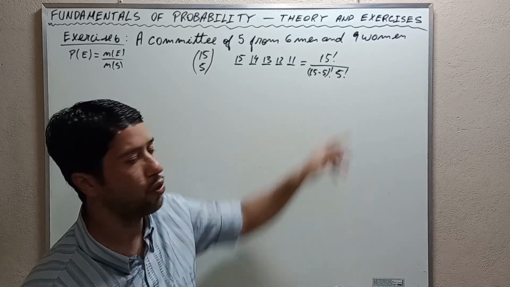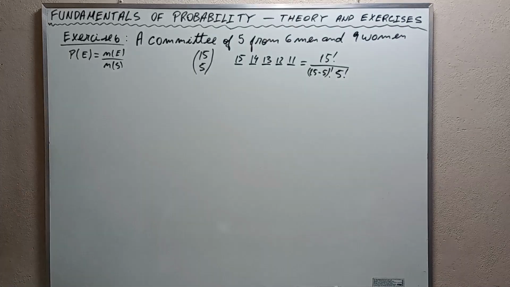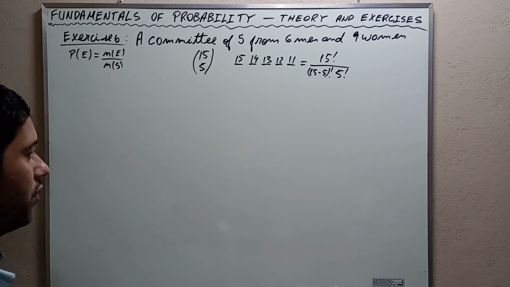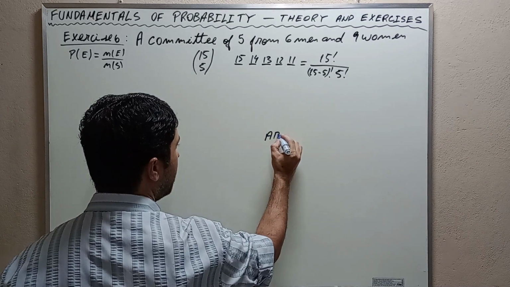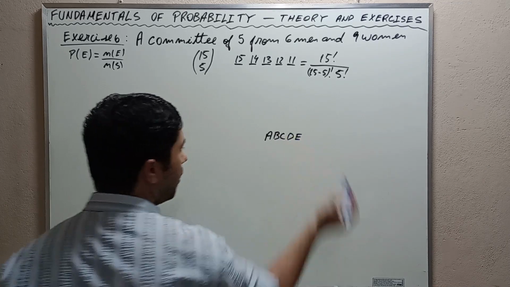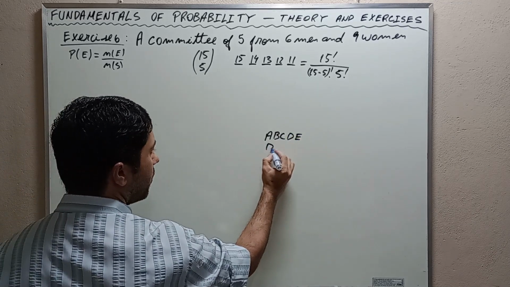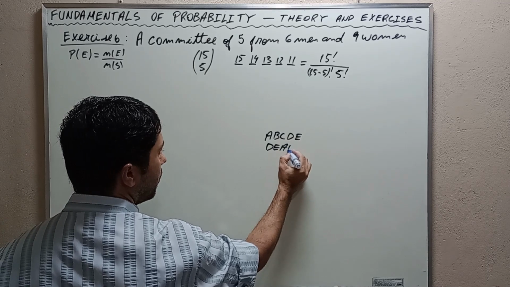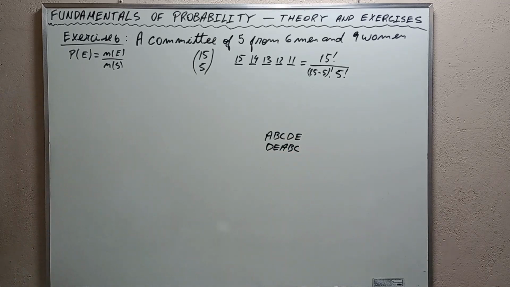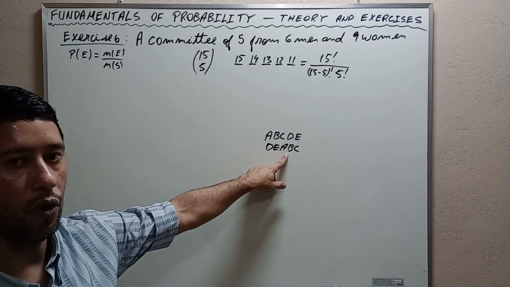And why do we need to divide by 5 factorial? We need to divide because of the repetition of the same people. As we said, if we select A, B, C, D, and E, then D, E, A, B, C will be the same committee, made up of the same people but chosen in a different order.